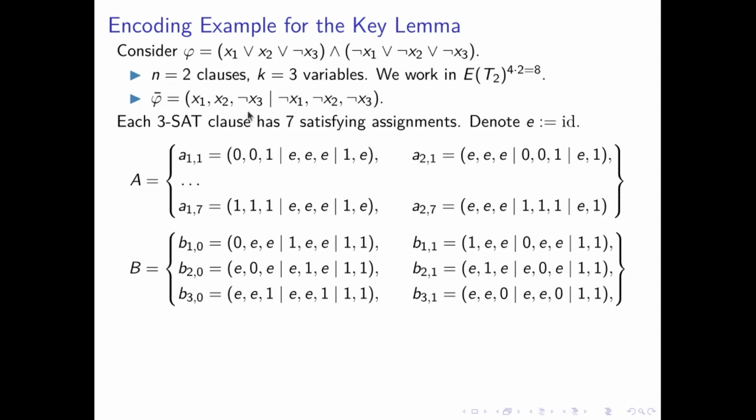We encode this 3-SAT instance into A and B. The idea is that on A you generate all the encodings of the formula that make the formula satisfied. There are 7 ways that a clause can be satisfied, and the examples are 0, 0, 1, and 0, 1, 0.